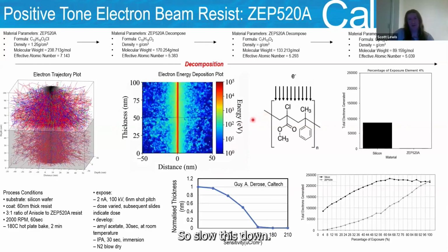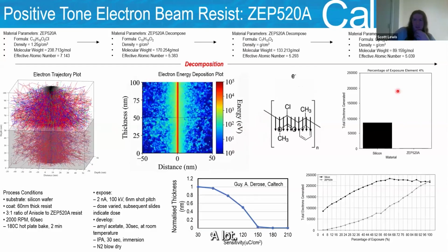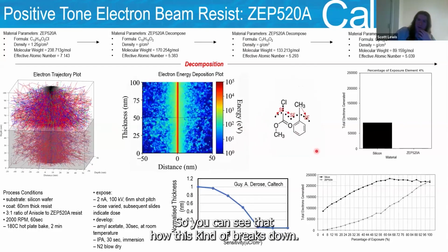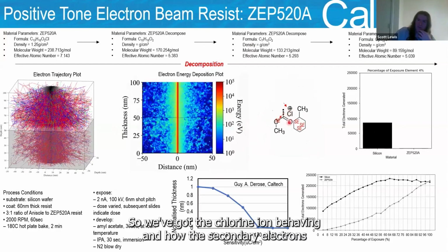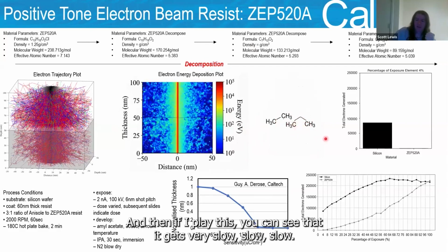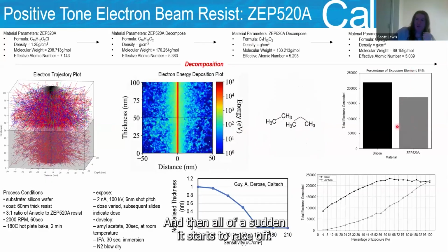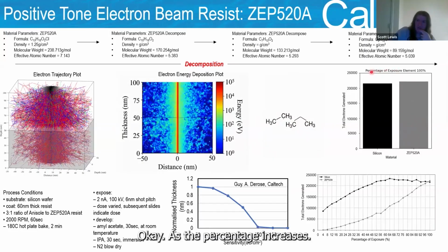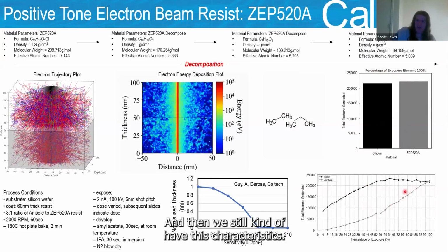I've slowed this down a lot, so you can see how this kind of breaks down. We've got the chlorine ion behaving, the secondary electrons, and how this now is more soluble. And if I play this, you can see that it gets very slow, and then all of a sudden it starts to race off, as the percentage increases, and then we still have this characteristic.